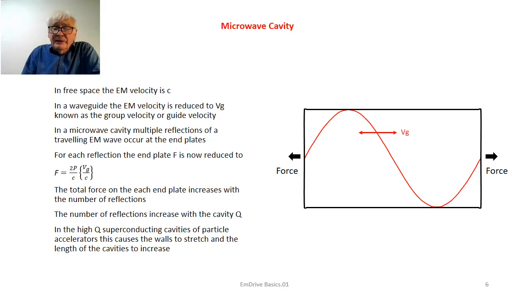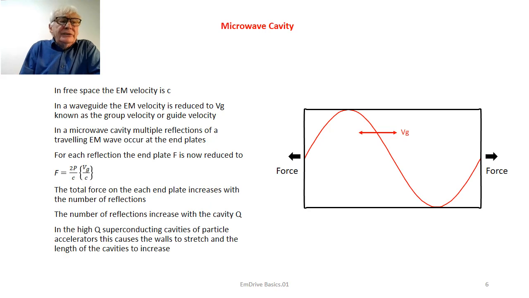Q can be extremely high. In the superconducting cavities of particle physics accelerators, for instance, the forces can be measured in tons, and this actually causes the cavity to stretch, and the frequency of the electromagnetic wave has to be altered accordingly.